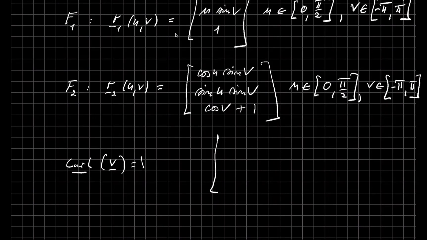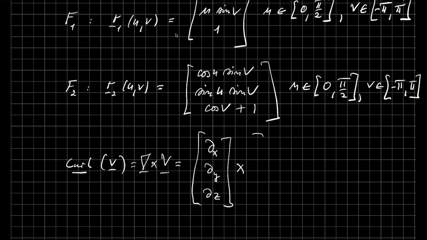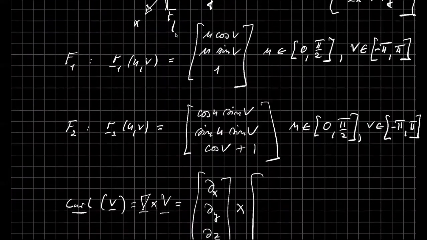This is the Nabla operator cross the V. Let me take this away. And so this will be Ex, Ey, Ez cross our V vector.